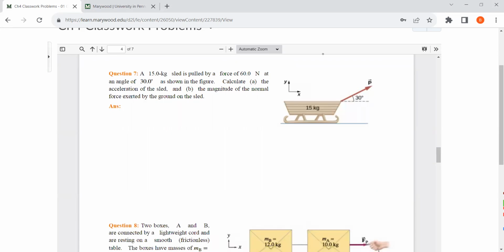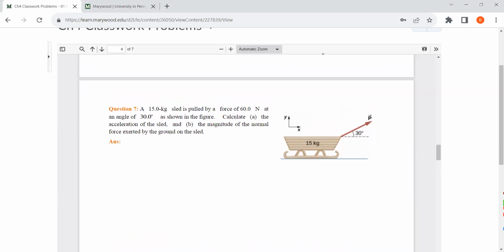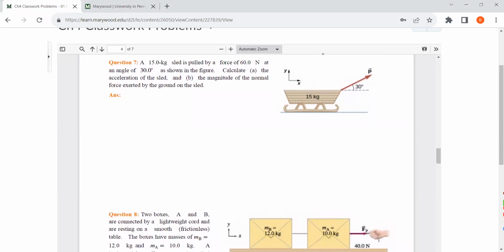Okay, all right, so here is the sled. The gravity, mg, and you should have the normal force. Now this P we have to break, so let's break it.